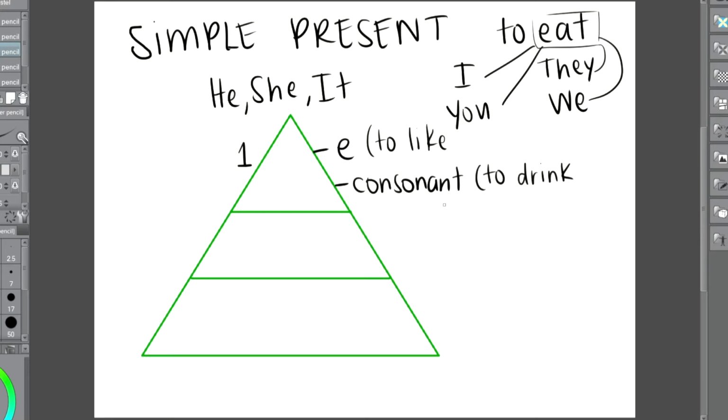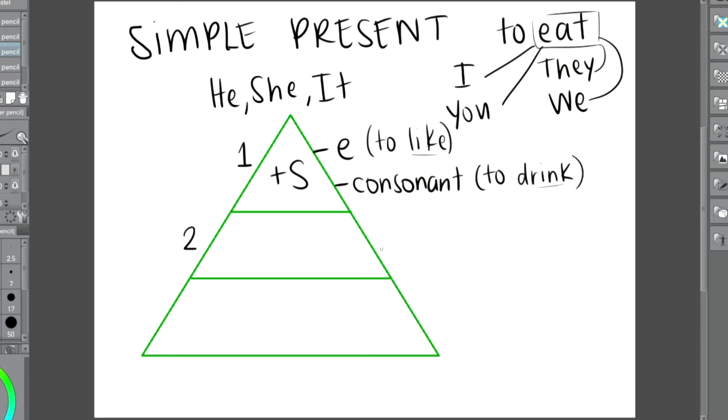For rule number 1, all we do is add one letter, the letter S, which would make the verb to like, likes. So it likes. Or if we want to say she drinks, we would add the S there. So that is for any verb that ends with the letter E or with a consonant, like the verb to like or the verb to drink. So that's rule number 1.